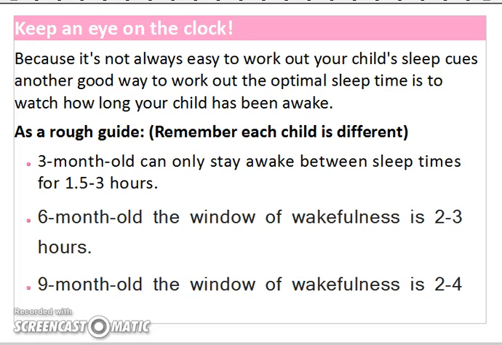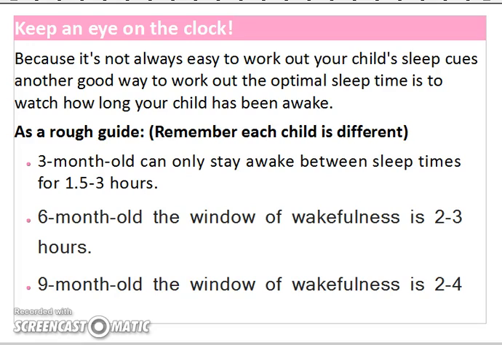Be mindful of how long the average child of the age of your child can stay awake. Then you start to get a pretty good idea and piece together how long they can stay awake before they start exhibiting these signs of sleep cues.